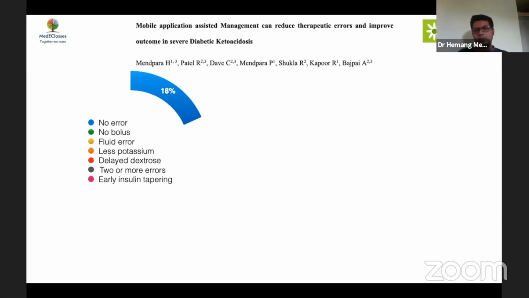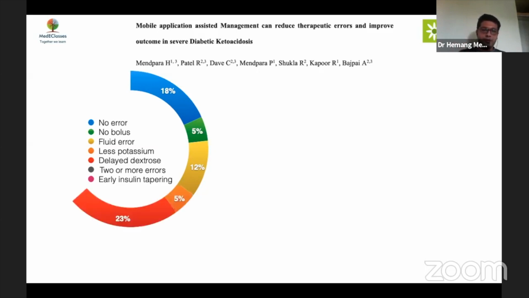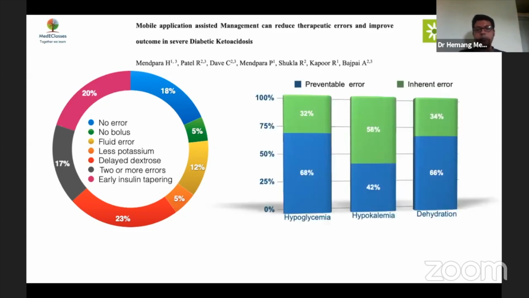My study shows that only 18% of the patients were managed completely as per protocol, and 82% had a protocol deviation in the form of missing the fluid bolus, giving too little or too much fluid, missing potassium supplementation, and not adding dextrose even when the sugar level is less than 300. It also showed that 17% of the children had two or more errors and 20% had early insulin tapering, and this resulted in significant preventable errors, about 60%.